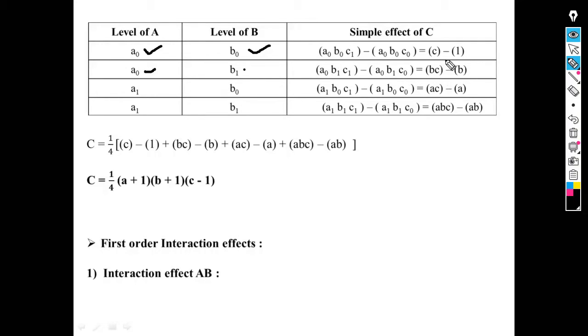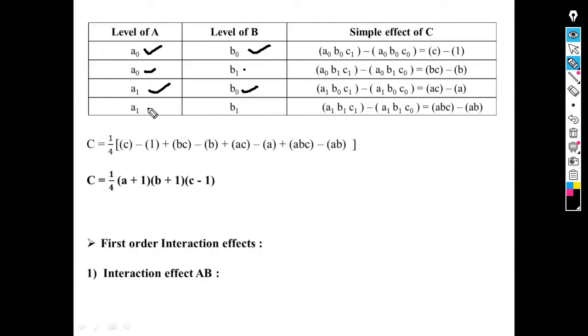So the simple effect of C is the difference of the treatment mean bc minus the treatment mean b. Then third is A1 and B0. Here factor A is at the second level and factor B is at the first level. So we get A1 B0 C1 minus A1 B0 C0, which is ac minus a, the treatment mean ac minus the treatment mean a.